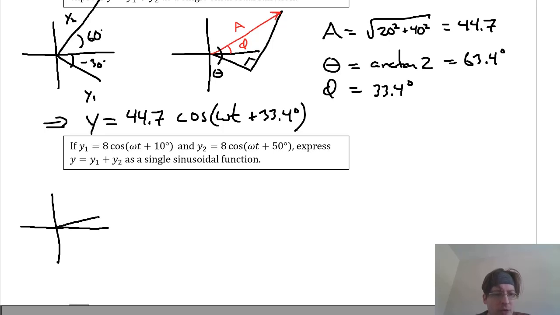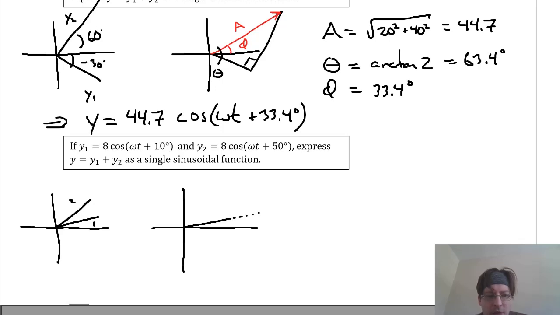This one's at 10 degrees. The second one has same amplitude, but it's at 50 degrees. That's y1 and y2, and I have to add them together. I'll take 2 and put it onto the end of 1. So there's 1. And then 2, slide 2 over onto the end of it.